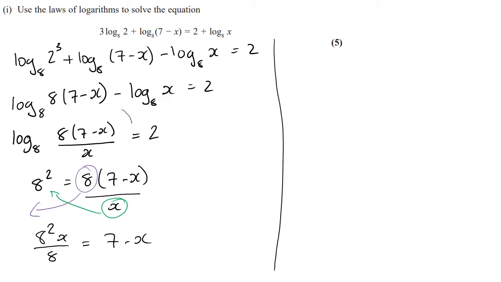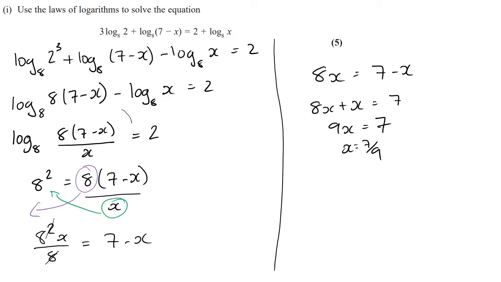The 8 squared, that squared will cancel that 8, so I'm left with 8x equals 7 minus x. The minus x goes over, so it's going to be 8x plus x is equal to 7. 9x equals 7, and then x equals 7 over 9.